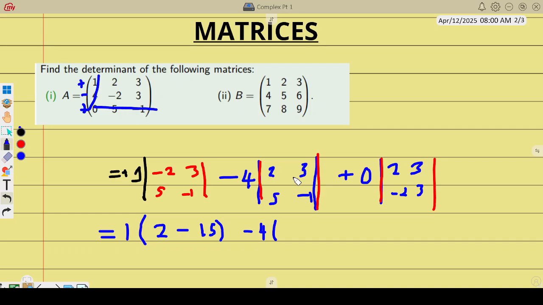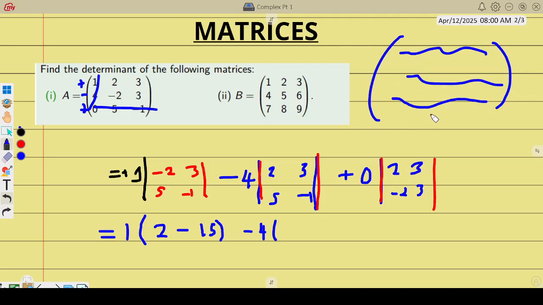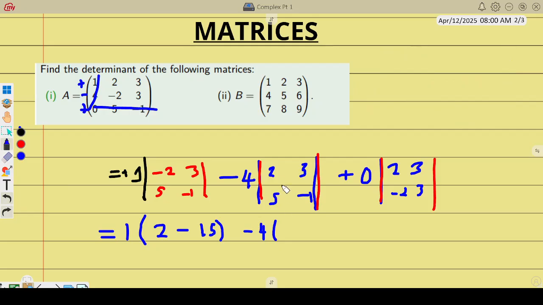Mistakes are very common here, especially when they give you something like what I wrote in my exam. They gave us such a big matrix. After solving, I just prayed that I hope I haven't made the mistake. 2 times negative 1, negative 2, minus 5 times 3, 15.